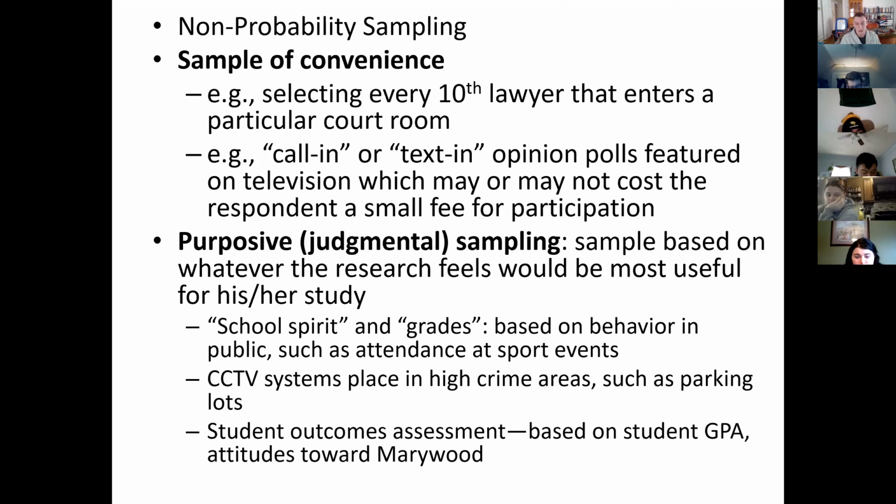If you want to look at student outcomes, you might want to base it first on a stratified selection of students' GPA and see if you have consistent variation, based on where they're at in their GPA, with attitudes towards Marywood, for instance. And so you may be purposefully sampling from high ends of the GPA and low ends of the GPA distribution in Marywood students, and then seeing where they turn out, with the assumption that it's going to be a better assessment the higher the GPA of the student usually.